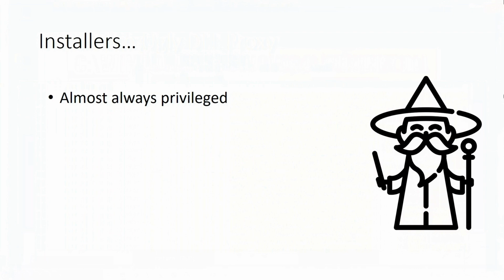The reason they are privileged is that they need to do a lot of I/O operations on disk. They install new things, so they write data to new directories, they change values in the registry, they create new directories and files inside Program Files or System32, and many similar things.